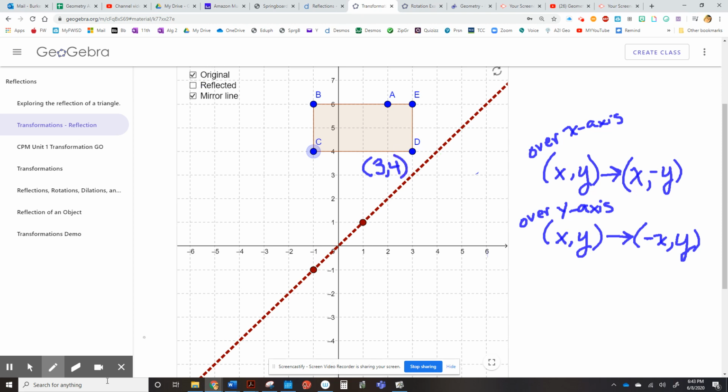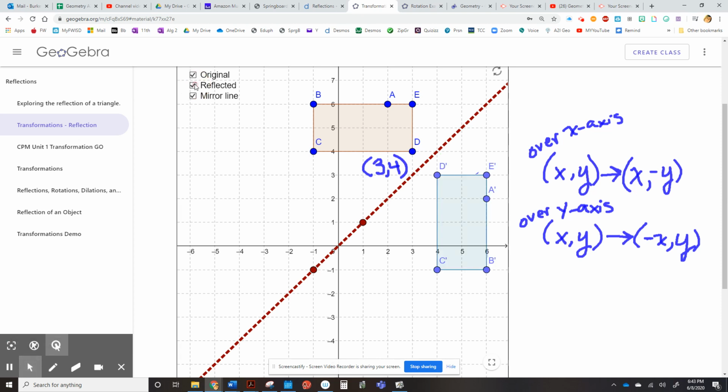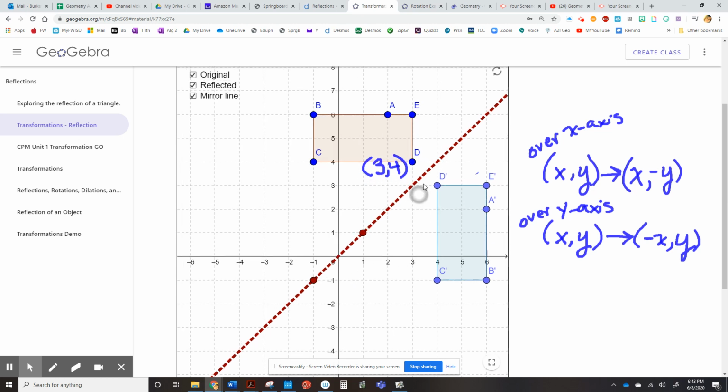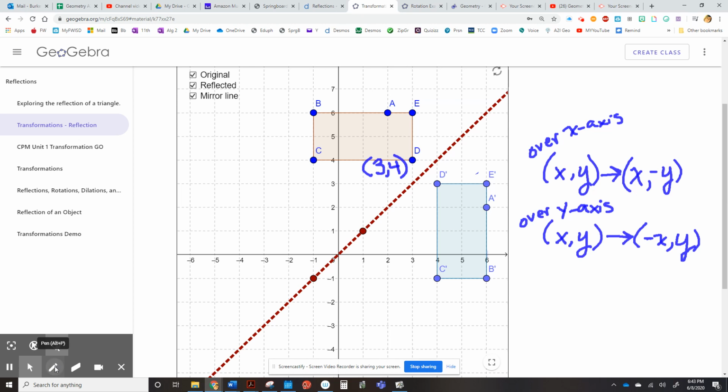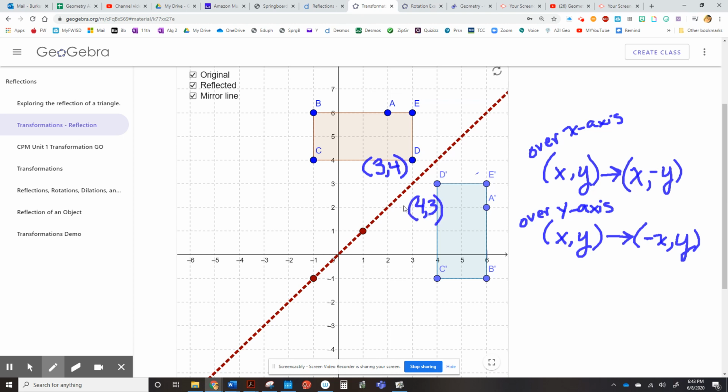And reflect it over the line, and D prime becomes 4 comma 3. And you can go back and check all of these other ones. C is negative 1, 4, and C prime is 4, negative 1. E is 3, 6, and E prime is 6, 3.